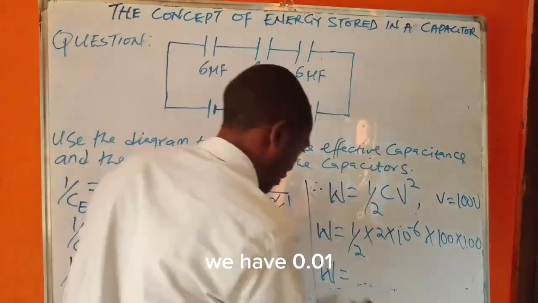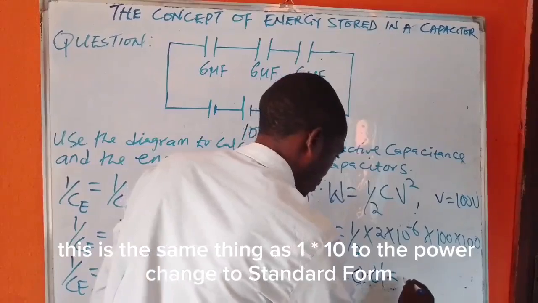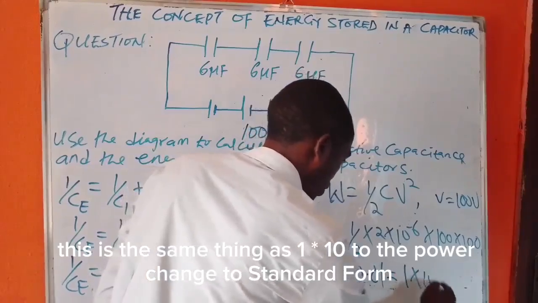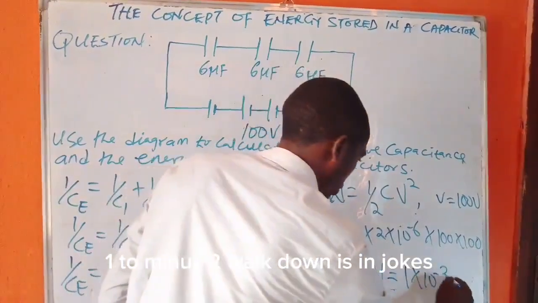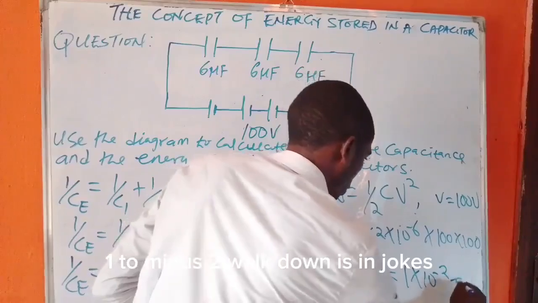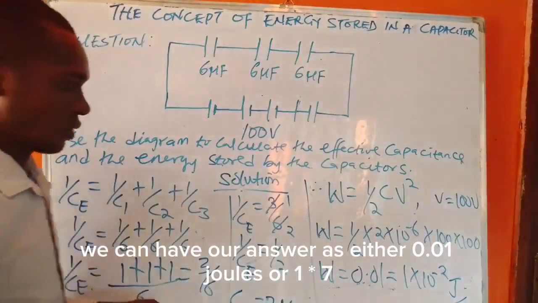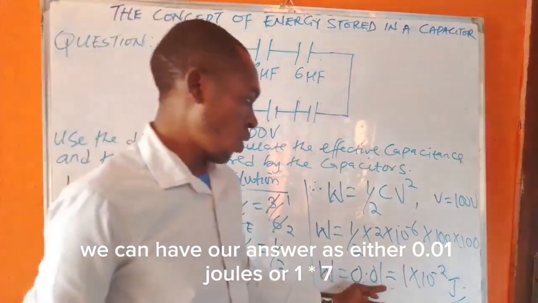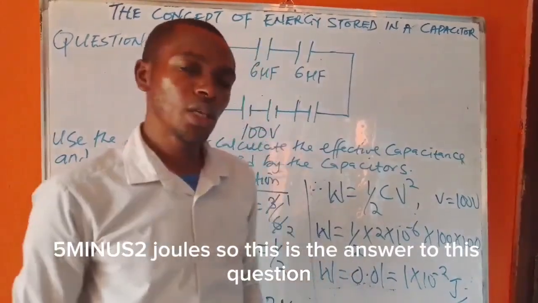So we have 0.01. This is the same thing as 1 times 10 to the power minus 2 in standard form. Work done is in joules. So we can have our answer as either 0.01 joules or 1 times 10 to the power minus 2 joules. So this is the answer to this question.